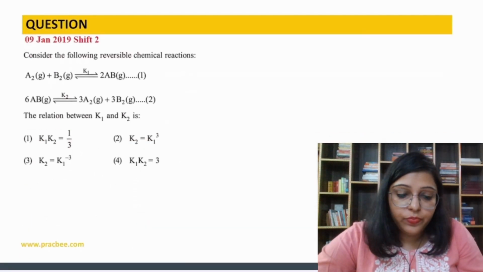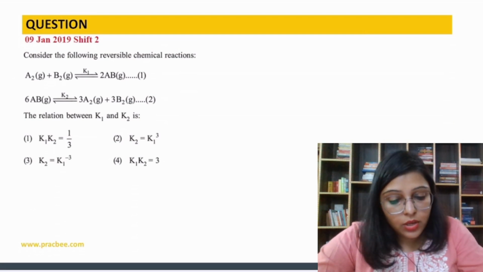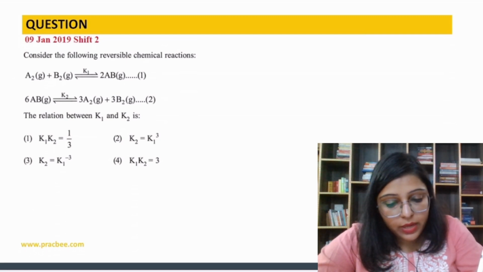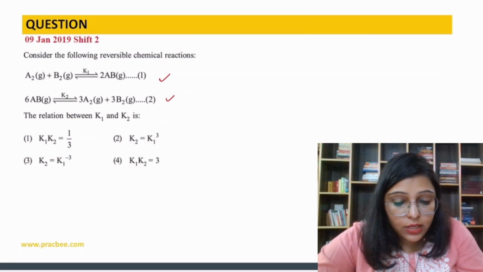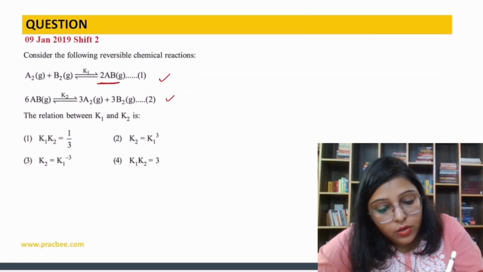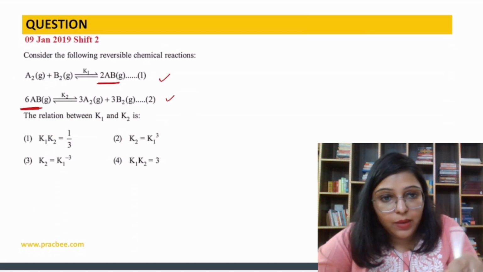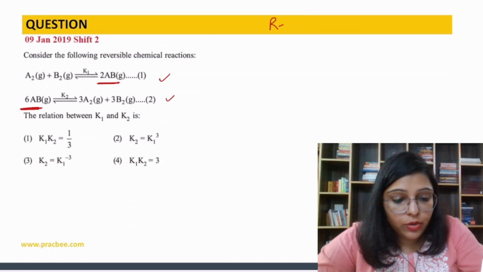Let's do the next question. We have considered the following reversible chemical reactions. So we have A2 gas and B2 gas gives 2AB, and we have this. The question asks the relationship between K1 and K2. See, 2AB is there, and in the second reaction we have AB on the left hand side. So we are going to reverse equation 1.